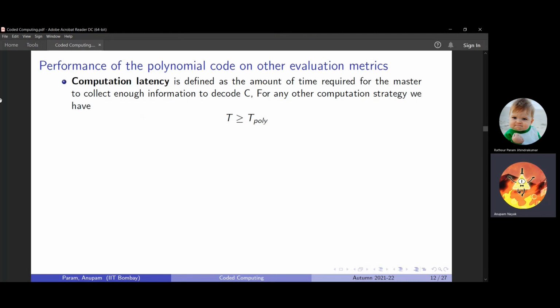Now I'll have to say something about the performance of polynomial codes over some other commonly used evaluation metrics. The proofs of those have been discussed in the paper. I'll just be highlighting the results here.